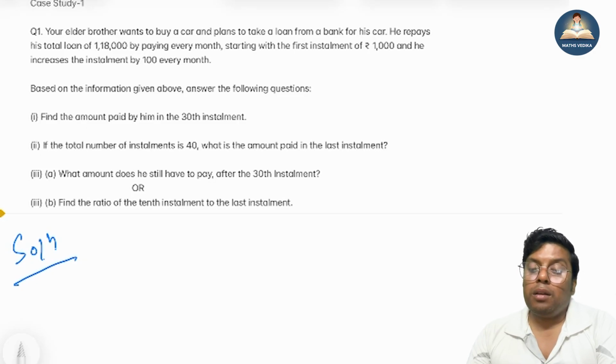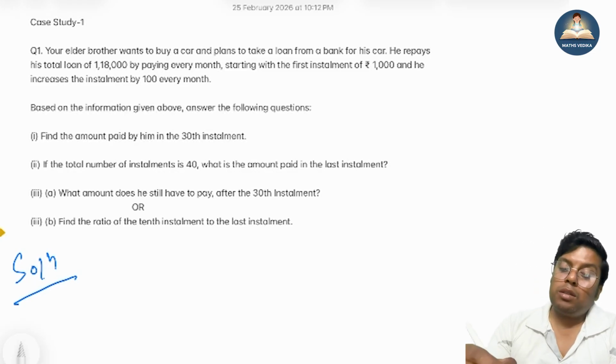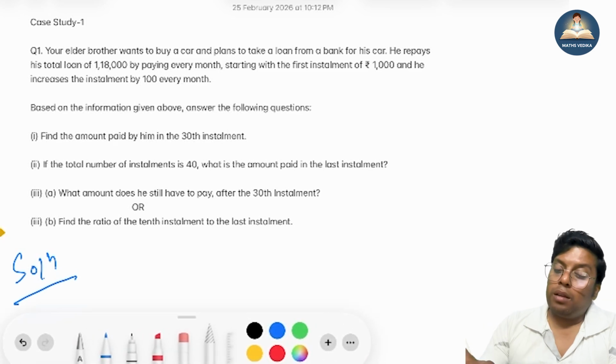Okay, so the moment we read the question, we come to the conclusion that this question is from arithmetic progression, where we have to find the 30th installment. It means we have to find the 30th term of the AP.